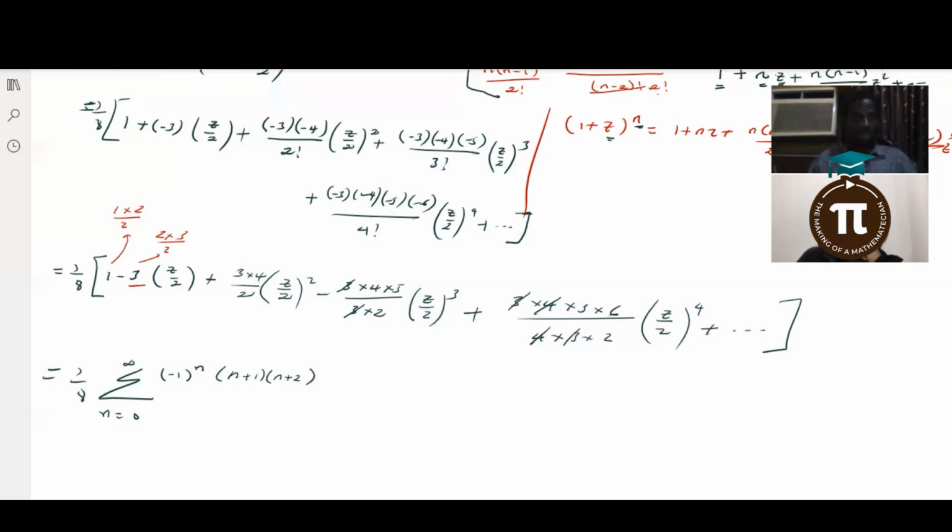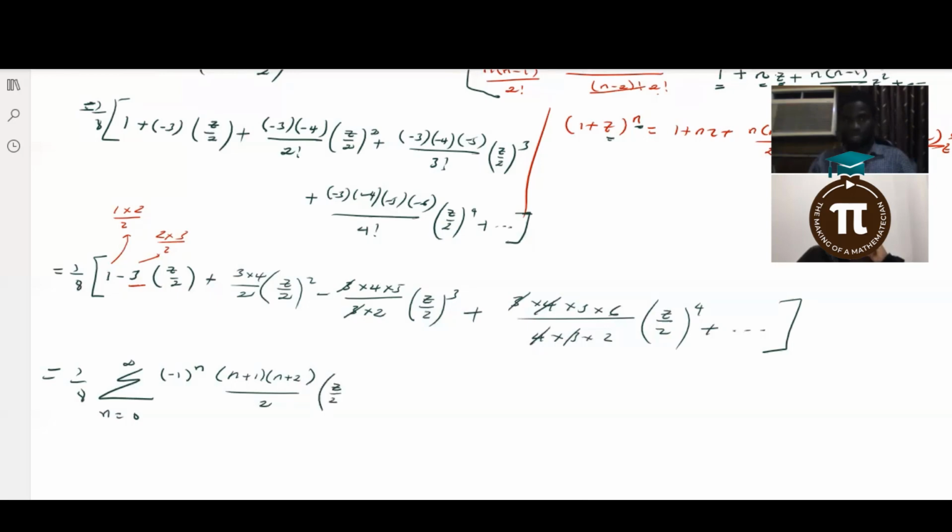So n plus 1, then n plus 2, divided by 2, will be the coefficient. If you go to the next term, put n to be 1: 1 plus 1 is 2, 1 plus 2 is 3, that is 2 times 3 divided by 2. The next one, 2 plus 1 is 3, 2 plus 2 is 4, that's 3 times 4 divided by 2. Do you understand my point?